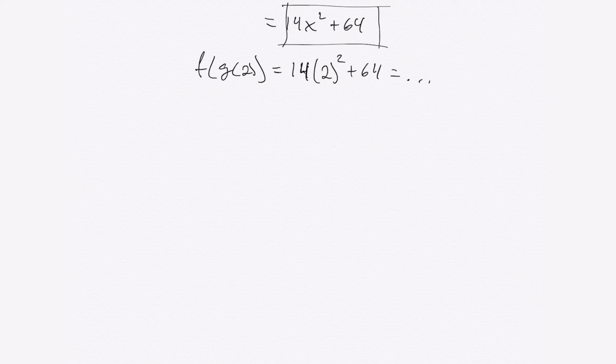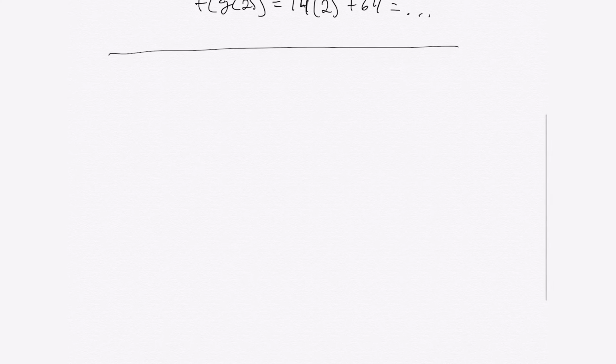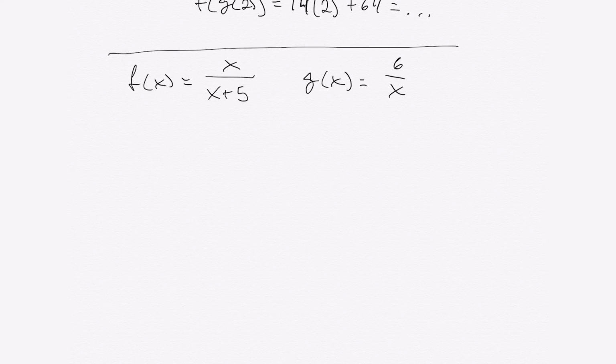Let's separate those, come up here a little bit, and let me give you some new functions, f and g. The names of these functions are totally arbitrary. We could call them whatever we want, really.